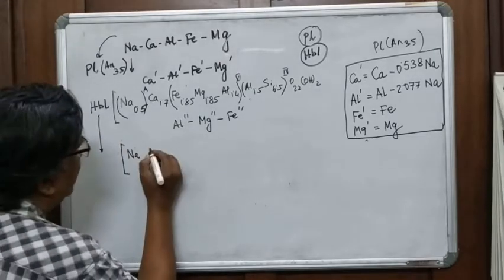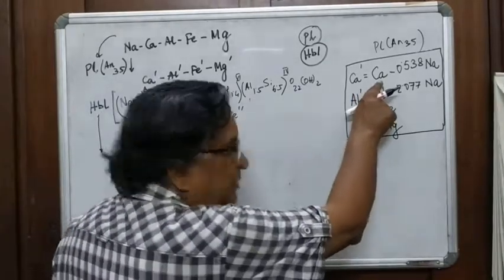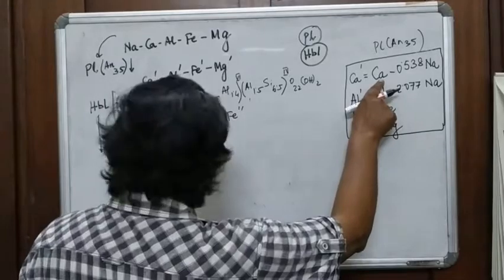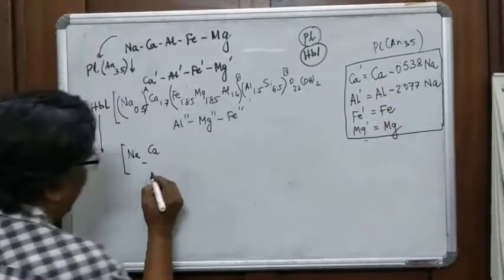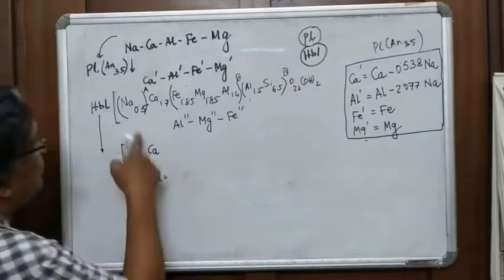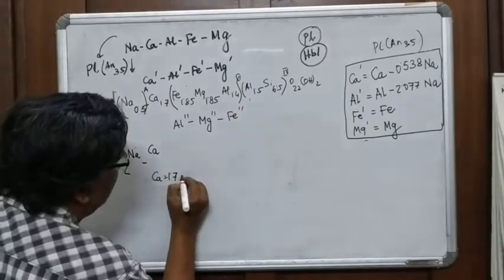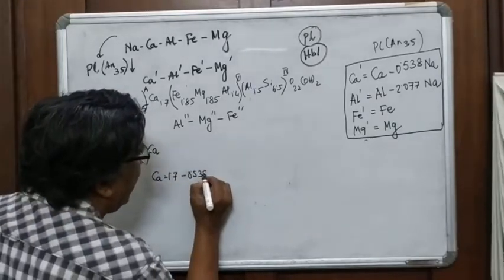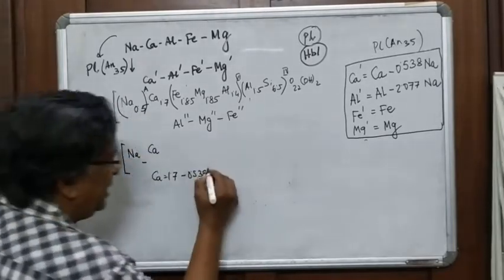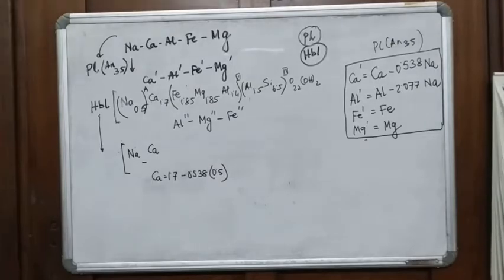What should be calcium? You can see what should be the value for calcium. It should be 1.7. Let me write it here. Calcium would be equal to the total value, 1.7 minus 0.538 into 0.5. Do you see that?